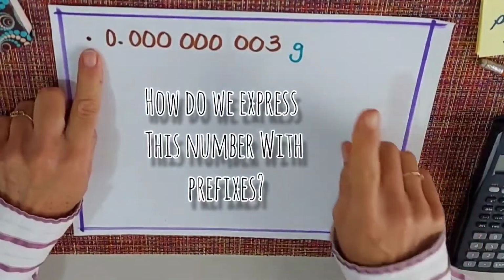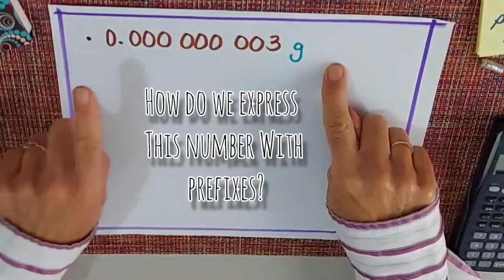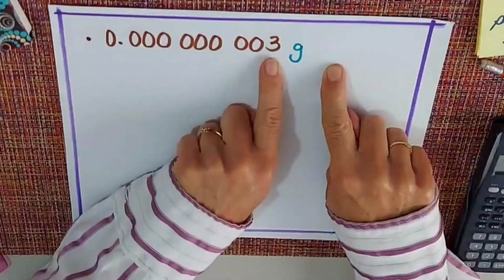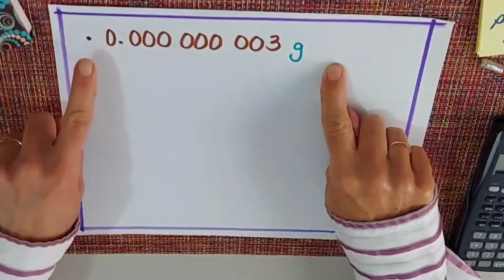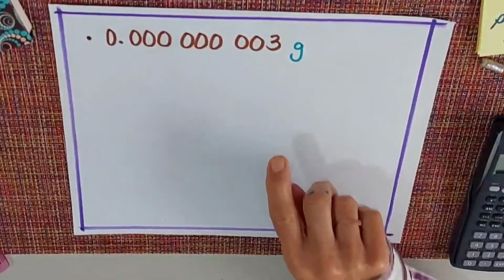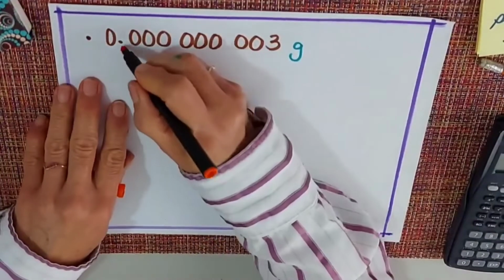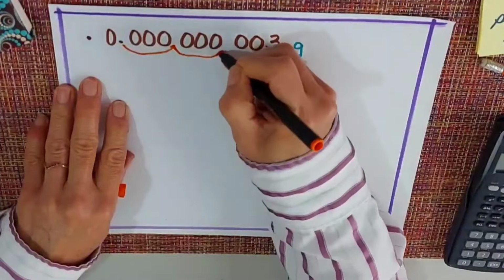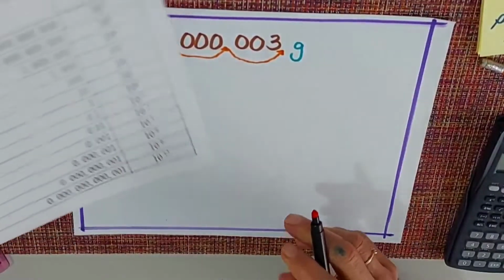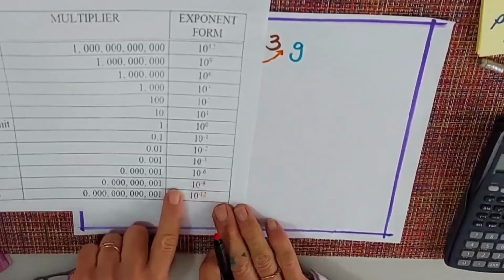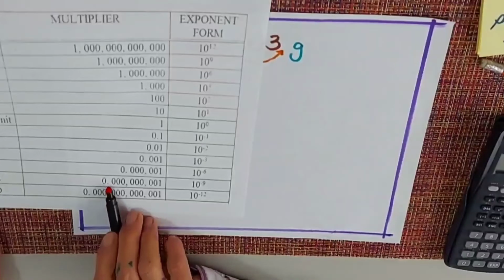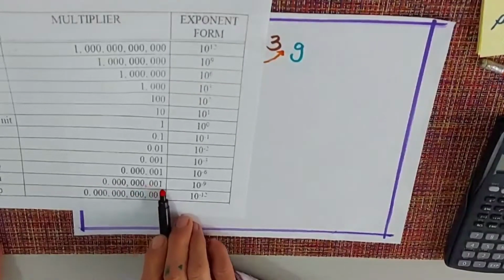How do we express this number with prefixes? We are going to look for the decimal point, and now we need to move the point to the right part, and we need to count the places that the decimal point moved. Then, here, 3 places, 6 places, and 9 places. Then, if we look for the 9 places, they are for nano when we move the decimal point to the right.